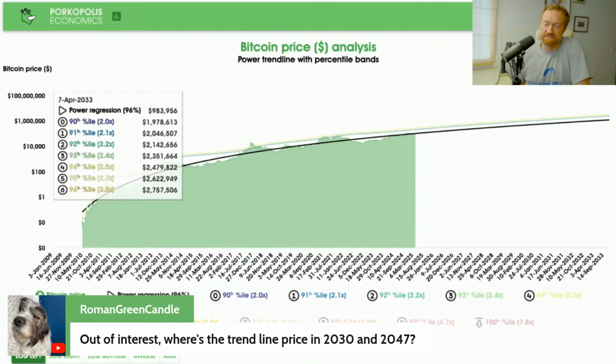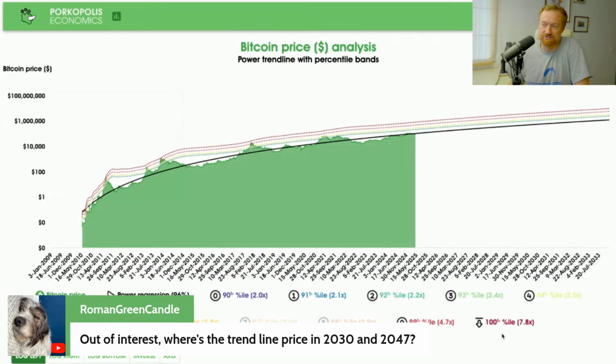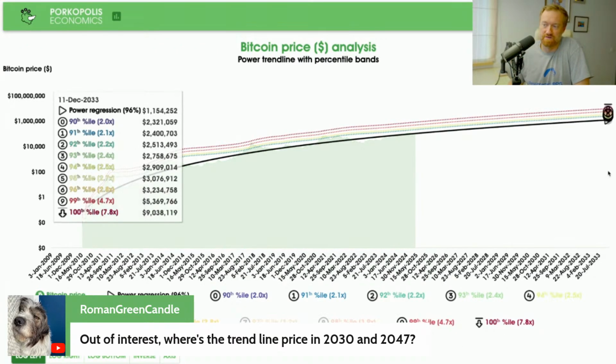If you want to see the silly numbers, let's say 99th and 100th. Let's go there. It's silly numbers. Plan B numbers: 99th and 100th, $5.4 million Bitcoin, and the 100th percentile, a 7.8x multiple over the trend line, $9 million Bitcoin by 2033.